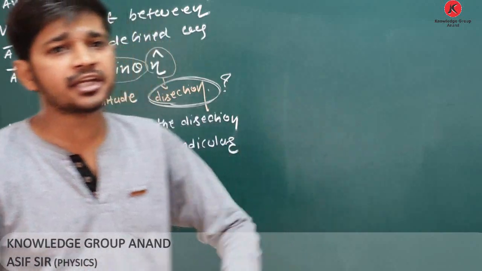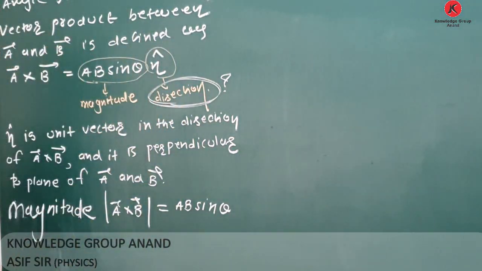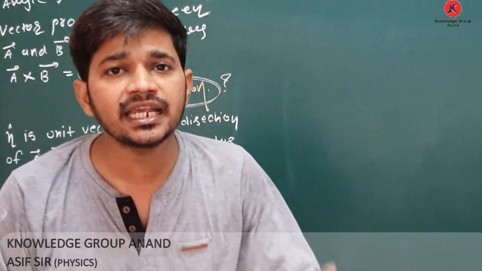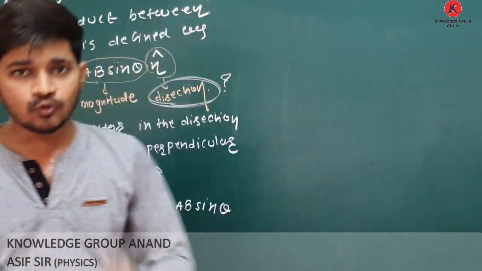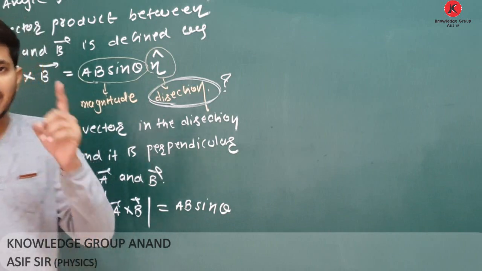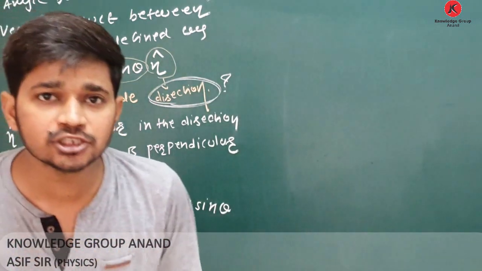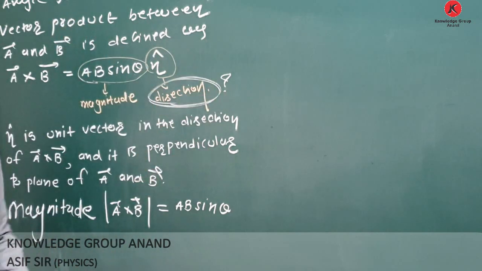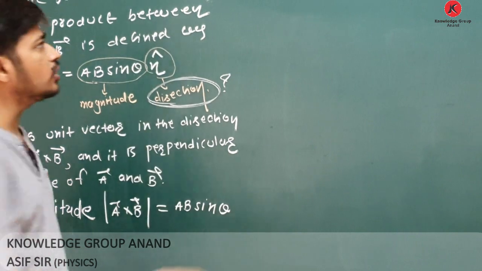It has one particular method, called the right hand screw rule, to find the direction of the vector product. We will see that method in detail.